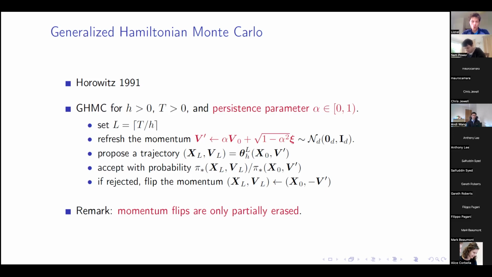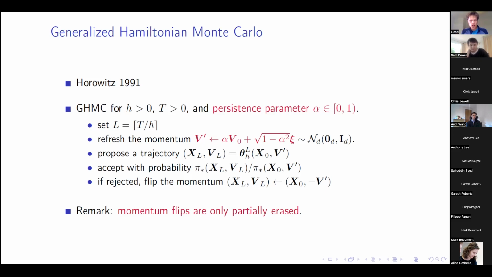There is also a more recent approach proposed by Neal in 2020 that tries to do some slice sampling with the uniform distribution that will determine the outcome of the accept-reject mechanism, trying to cluster the flips in a short period of time such that it avoids really diffusive behavior, or at least the diffusive behavior is clustered.